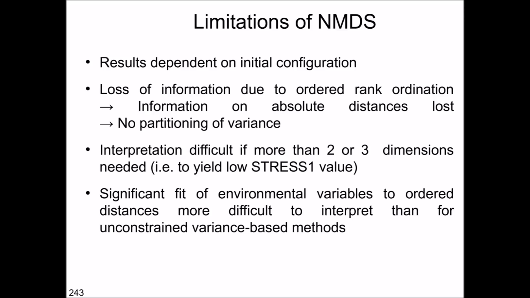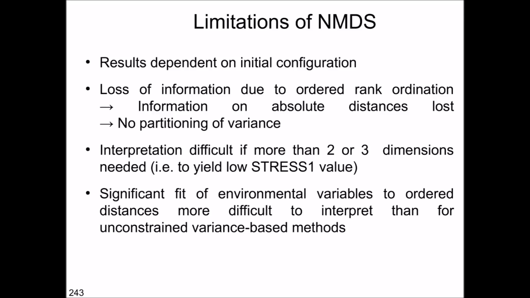The results are difficult to interpret if we need more than 2 or 3 dimensions to have an appropriate geometrical representation. And finally, NMDS is an unconstrained method, but for unconstrained methods there are also possibilities to fit environmental variables to the resulting ordination.